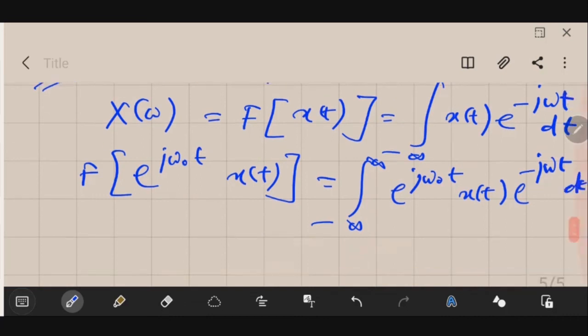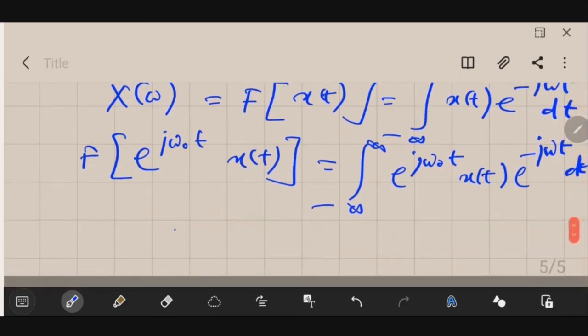Got it? The bases of these terms are the same, e and e, so we could combine them into a single base: a to the power m multiplied with a to the power n is equal to a to the power m plus n. So that we could use here.